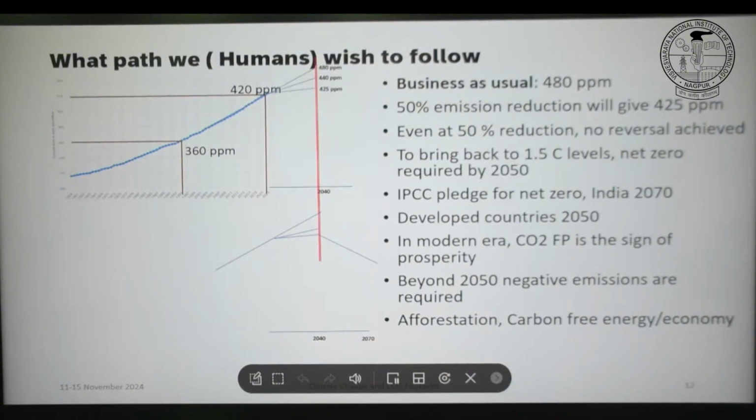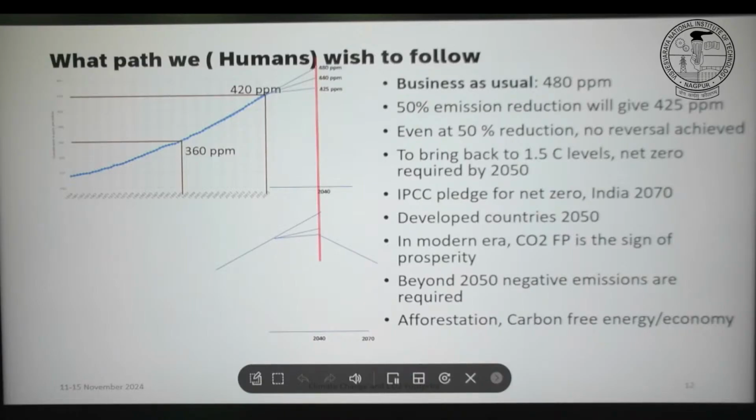You will see in today's world, the more CO2 footprint a country or a society has, the more prosperous they are. So somehow it's connected to a sign of prosperity. The more energy you are using, the richer you are. Somehow it's also true. So if you compare what we use here in India, people in the Western world are using maybe 10 times more energy than us.